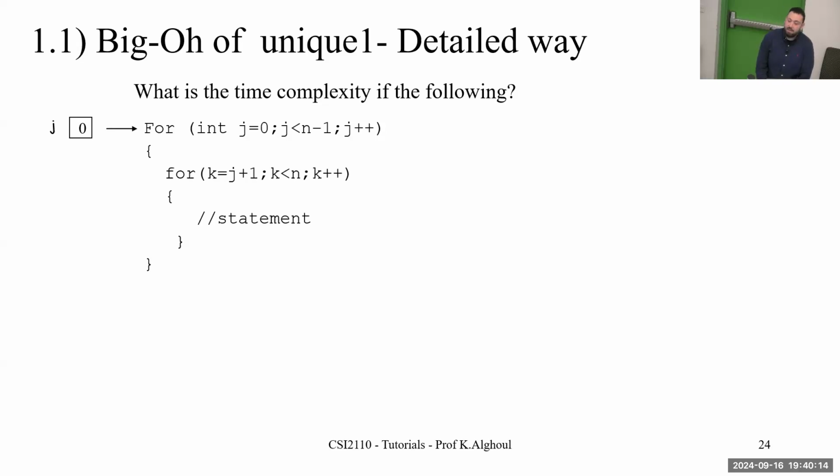Okay, what's next? So now when j is 0, since k is also dependent, baby steps. J equals 0, so I'm going to go inside the loop, all the way to n minus 1.